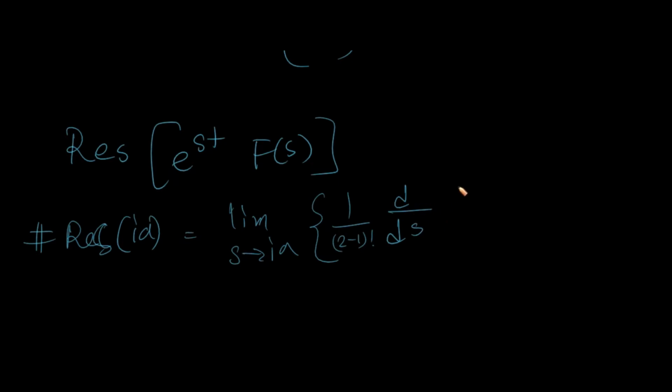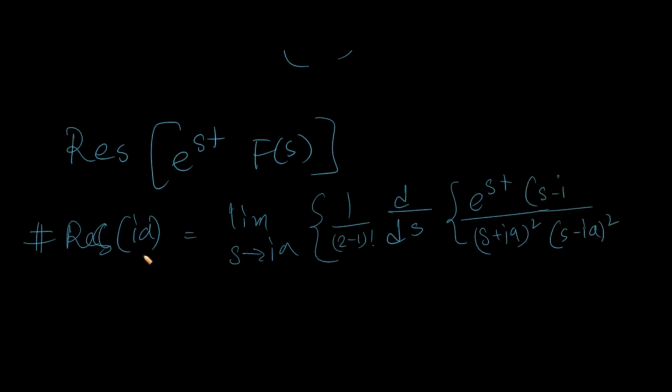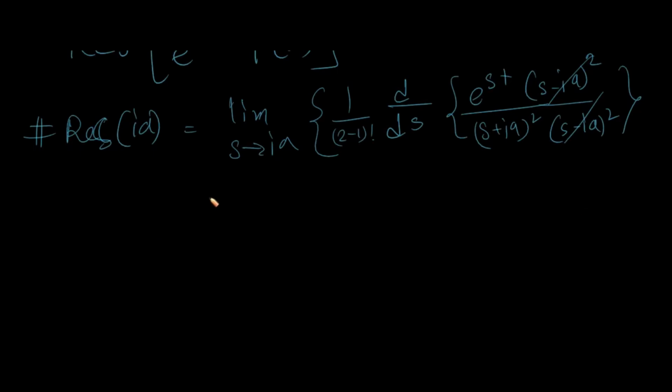So this is the first derivative of e to the power st times s plus ia whole squared times s minus ia whole squared, and here, since I'm calculating for point ia, there will be this factor, and these two will cancel each other out. There is no need to write that in fact, but since I'm doing it formally, that's why I've written it.